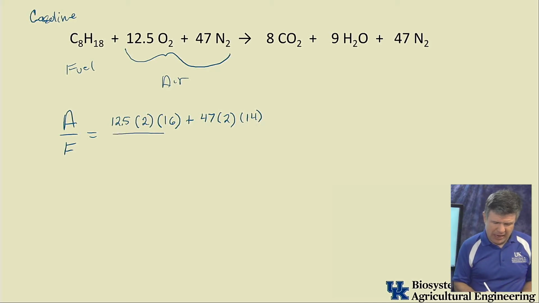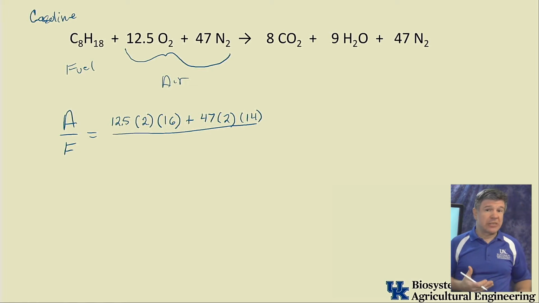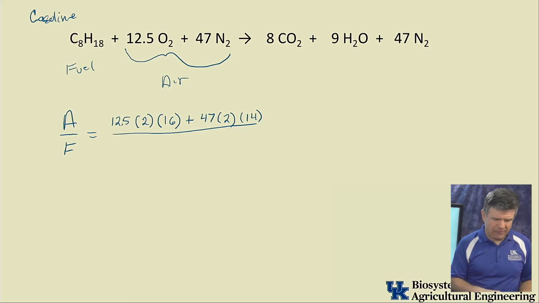So divide that now by the fuel. We do the same thing with the fuel. We look at the weight of the atoms in that fuel molecule. So what do I have in my fuel molecule? The fuel molecule is C8H18. So I have how many? I have 1 molecule, so there's only 1 of these out front. I have 1 times carbon. The carbon, there's 8 carbons.